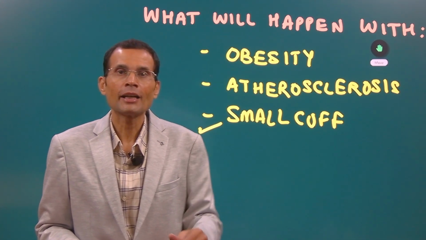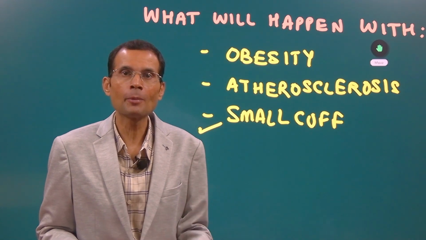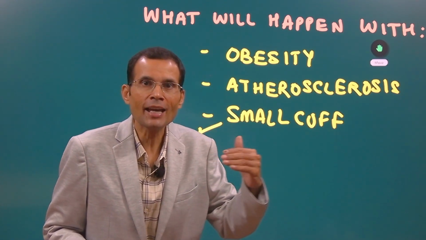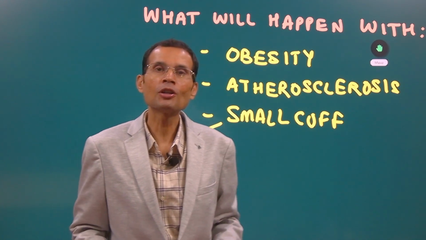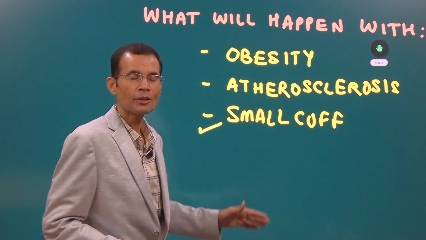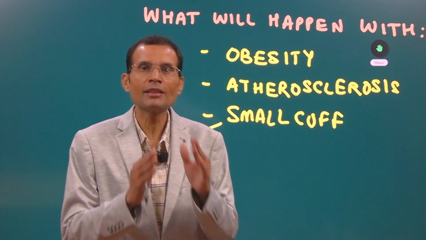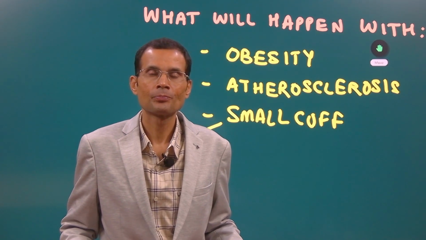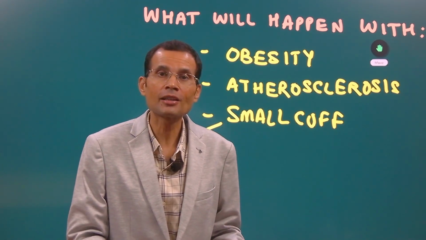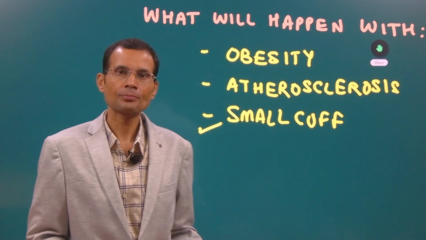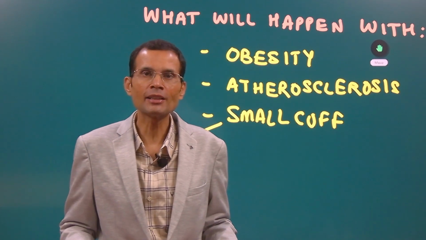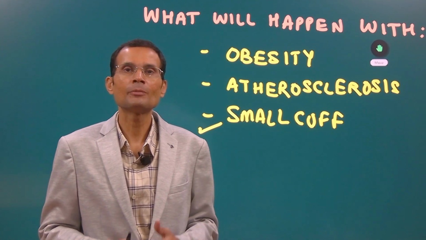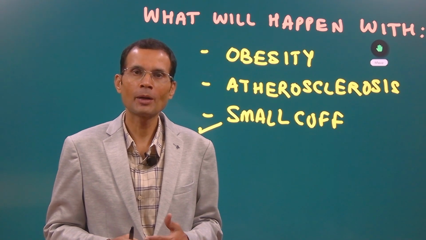And therefore, in order to occlude the artery completely, we need to raise the pressure further in the mercury manometer. And therefore, when we are using small cuff, we get erroneously high blood pressure. This time it is an error in the technique itself. So therefore, these are some of the possibilities or possible errors in the BP measurement by sphygmomanometry.